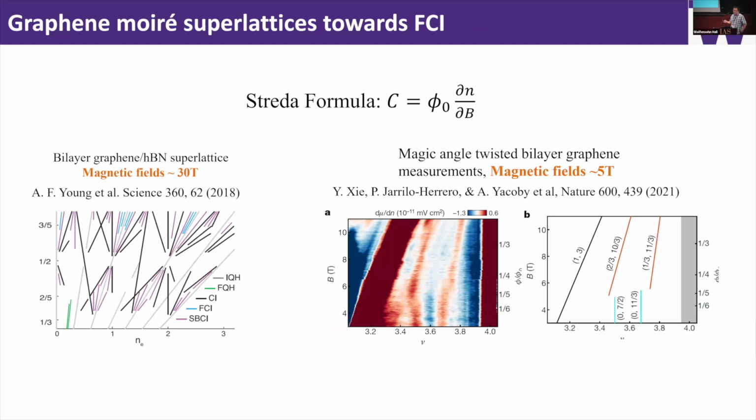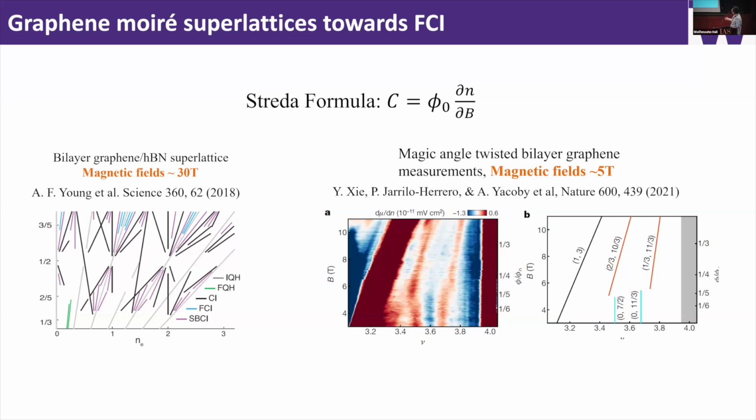In addition to this integer quantum Hall effect at zero magnetic field, there is also exciting progress on the fractional version of these states, which we call fractional Chern insulators. There are two works I'm going to highlight here. One is the moiré system formed by bilayer graphene with hexagonal boron nitride from Andrea Young's group at Santa Barbara. When the magnetic field is above 30 Tesla, the observed states behave like a fractional Chern insulator. The second work is from the collaboration with Pablo and also Amir Yacoby at Harvard.